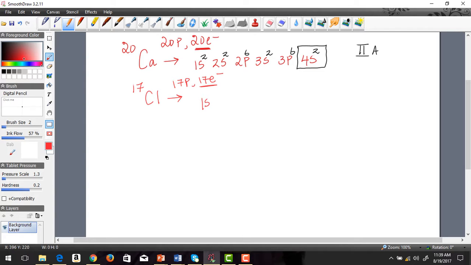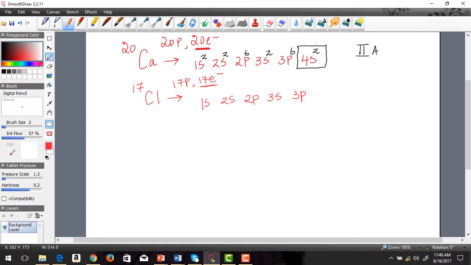So it will be 1s, 2s, 2p, 3s, and 3p, because chlorine is in the p band in the third row. Does it make sense? If you keep saying it the way I'm saying it, it will always seem to make sense to you. Chlorine is in the third row in the p band. That's why we end up with 3p as our last one.